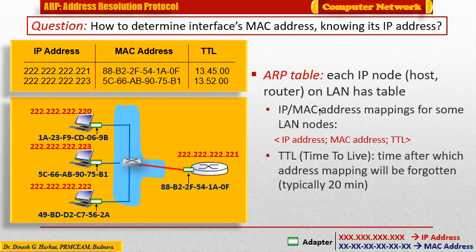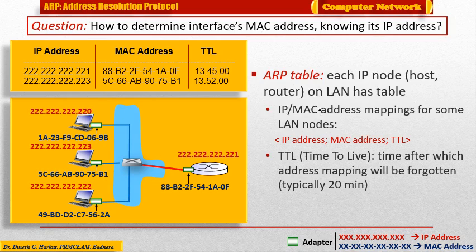This is a typical switch which broadcasts all the frames. Now suppose that the host with IP address 222.222.222.220 wants to send an IP datagram to the host having IP address 222.222.222.222. That is, both the source and the destination are in the same subnet.